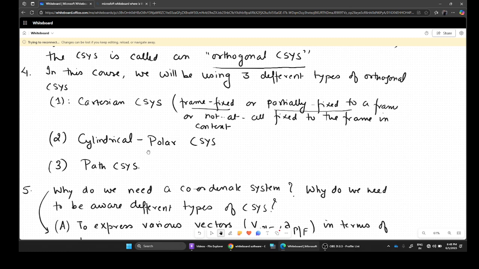We don't do that. And that is why there are different coordinate systems. Also keep in mind that I am listing here three coordinate systems. There are many other coordinate systems available. In fact, one can go ahead and define his or her own coordinate system. Nobody stops us. However, these three are the more popular ones, and thus we choose to study these three in this course.